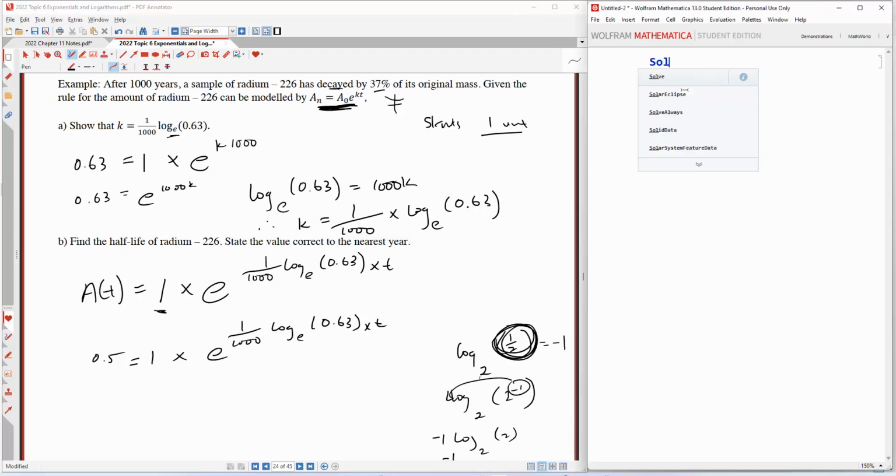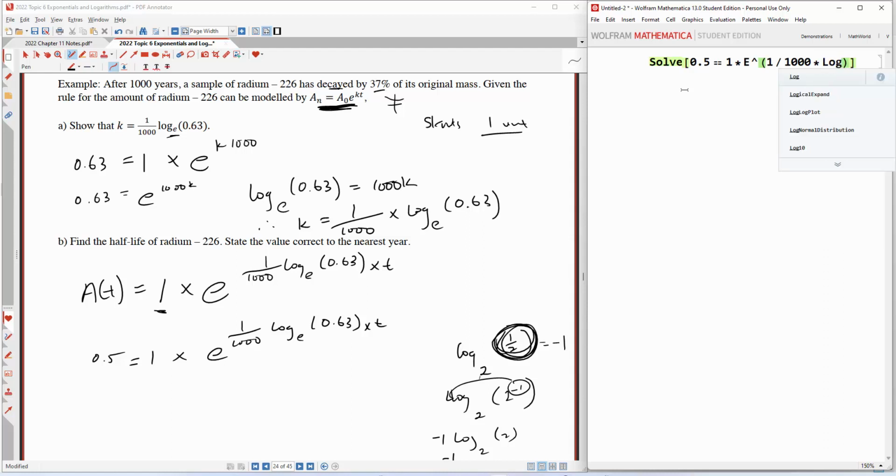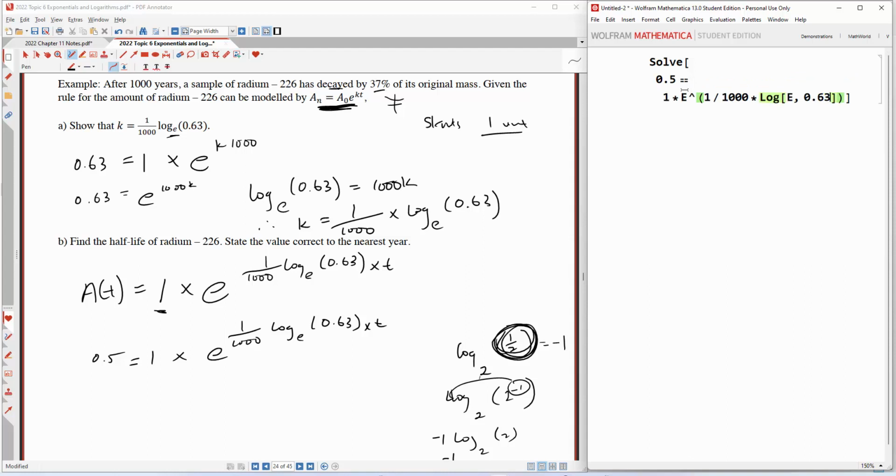So we're going to go solve 0.5 equals 1 times, don't really need to put that 1, now capital E for e to the 1 over 1000 times log e of 0.63.